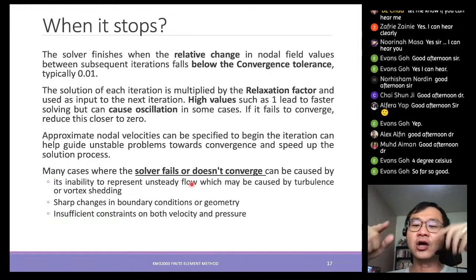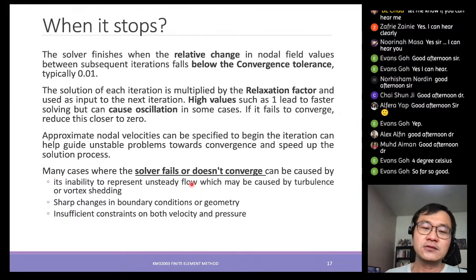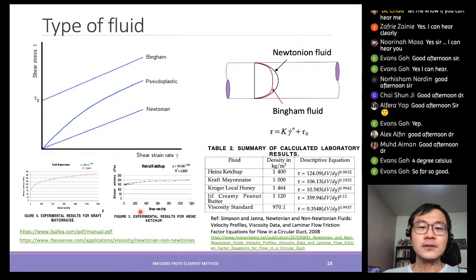So if there is a lot of turbulence, the potentials and the velocity that they generate may not be static, may not become steady, and will keep fluctuating every time it's calculated. Therefore the solver may not be able to solve, or does not converge. Same thing if there are sharp changes, or insufficient constraint on the velocity as well as the pressure side.